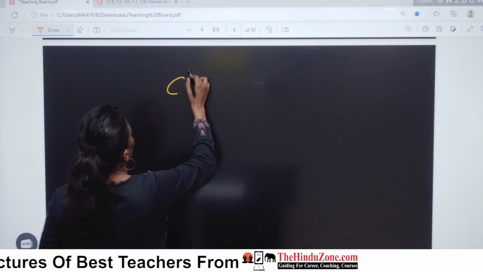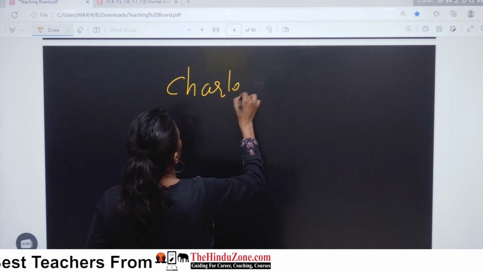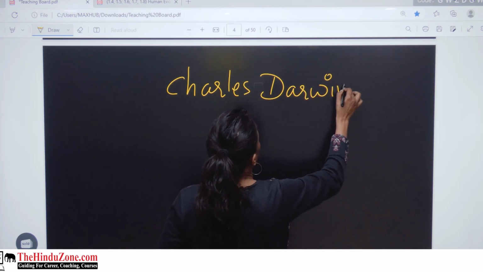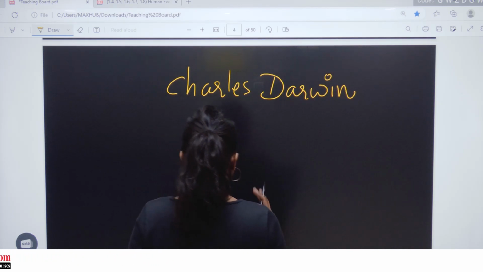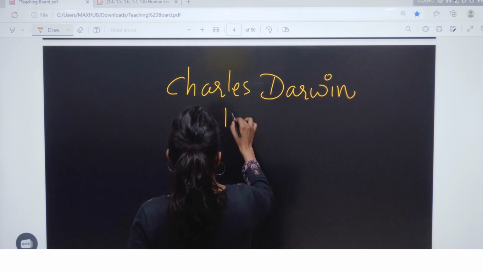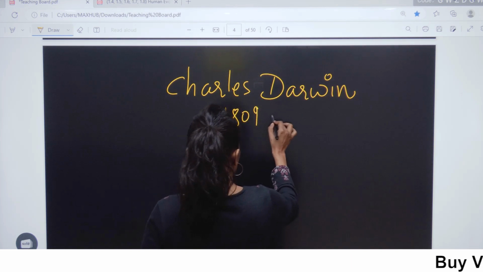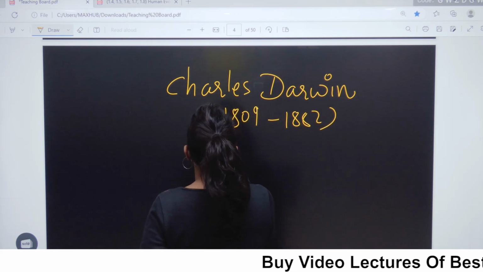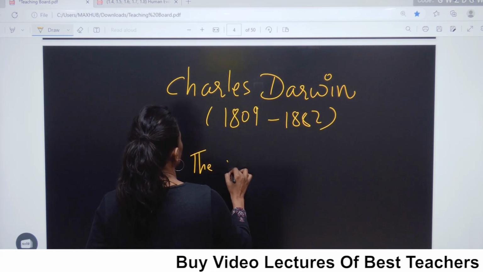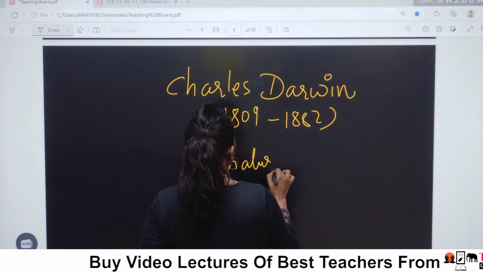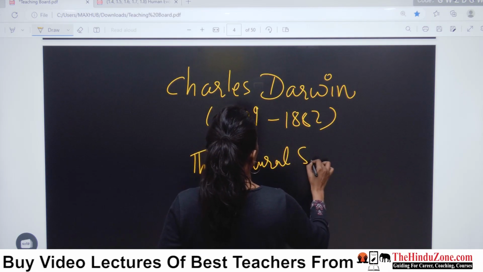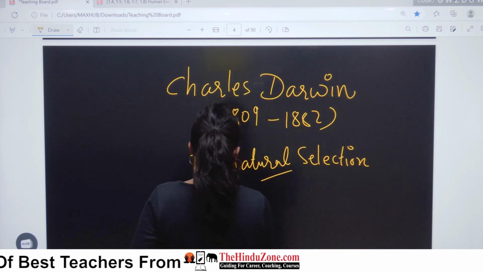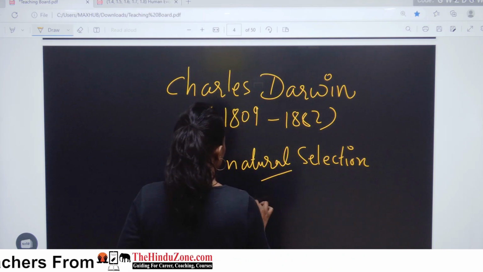So Charles Darwin gave a very important work, and this is the period where he was writing about natural selection in his book The Origin of Species.